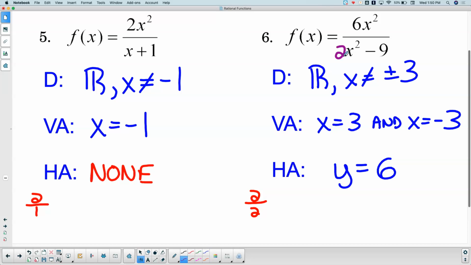So we just said y equals 3. We don't leave it unreduced. But if it would have been 5, let's say, then we would leave it as 6 over 5, y equals 6/5. Okay, fraction form.